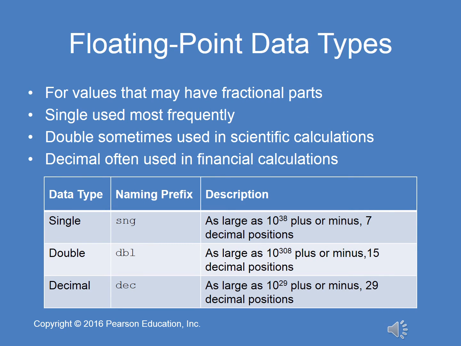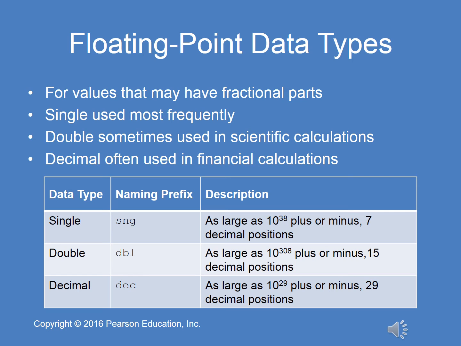Up next, floating point data types. These are for values that have a fractional component or a decimal place. The most frequently used is single, and can accommodate values between 10 to the 38th plus or minus with 7 decimal positions.